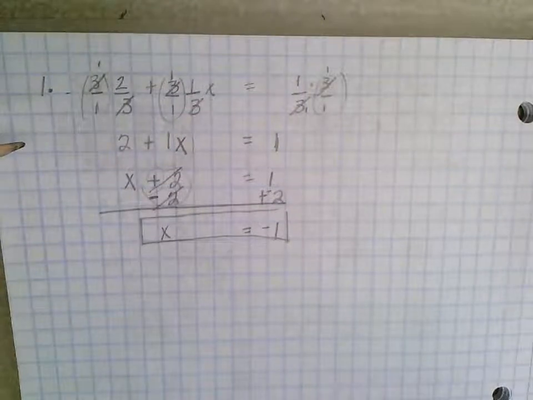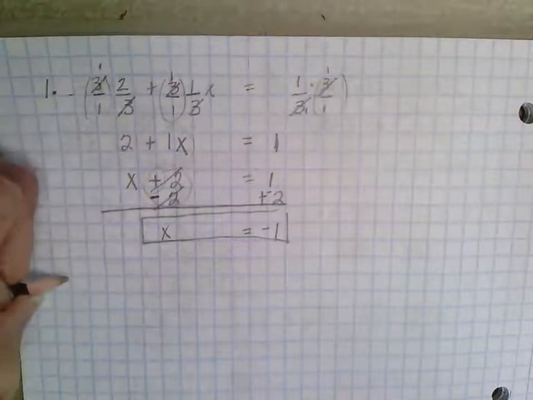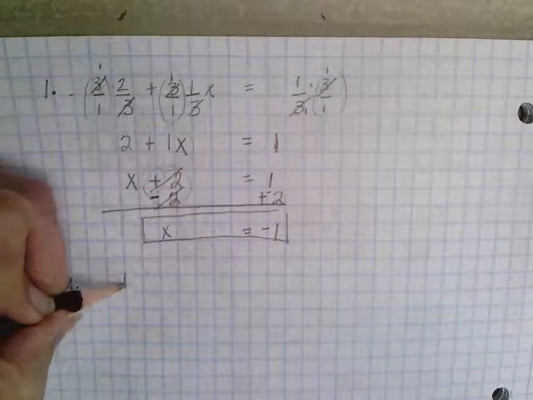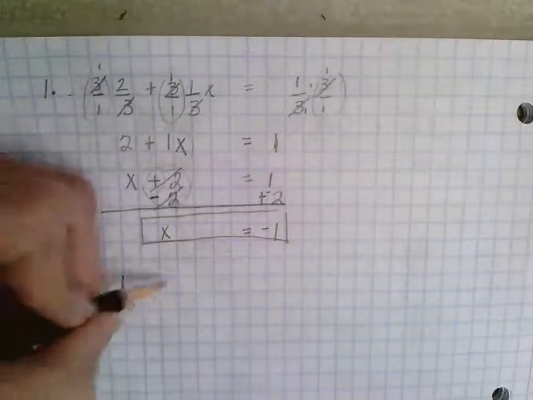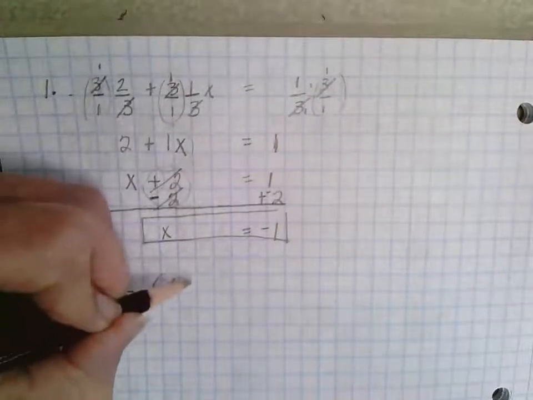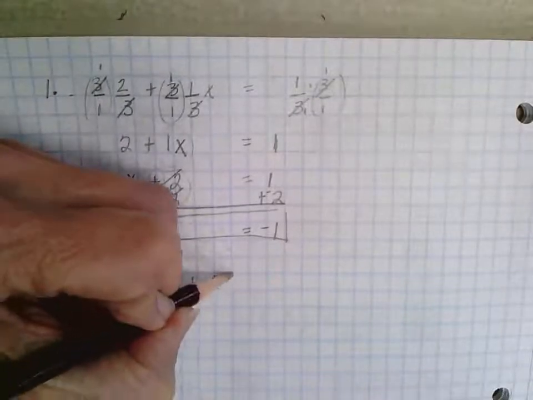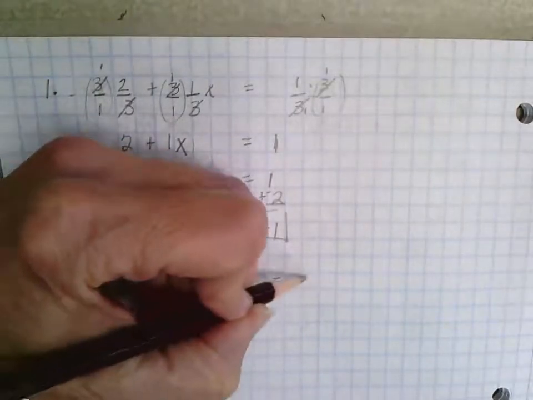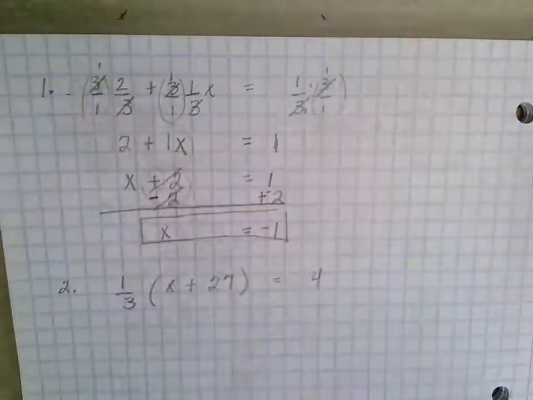Number 2, 1/3 times the quantity x plus 27 is equal to 4.